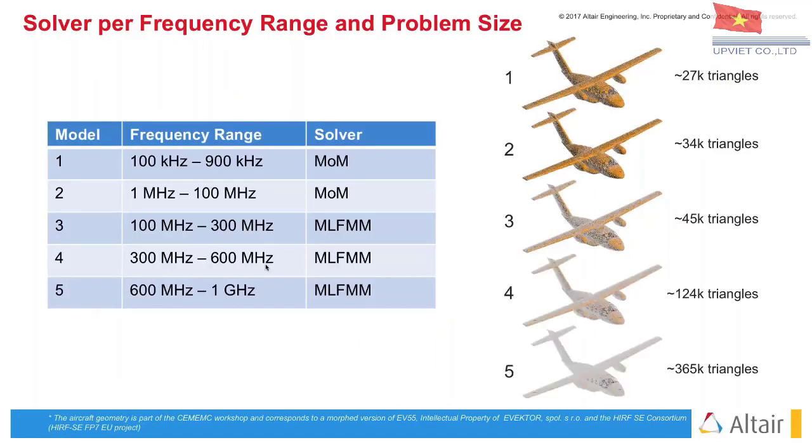The approach we followed here was to split up the frequency band into 5 different ranges. This also allowed us to use different mesh sizes and to choose different solvers. For example, under 100 megahertz the method of moments is most efficient for this problem, whereas above that we can switch to an asymptotic method to solve the problem.